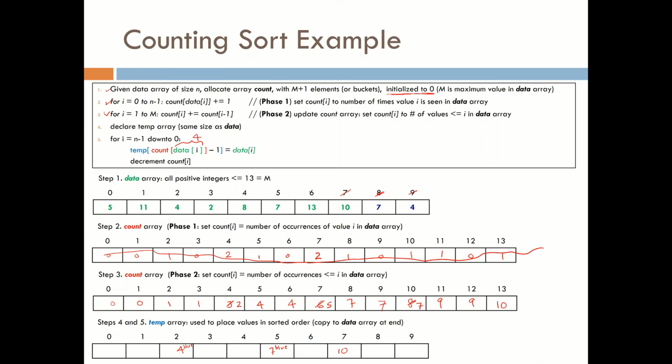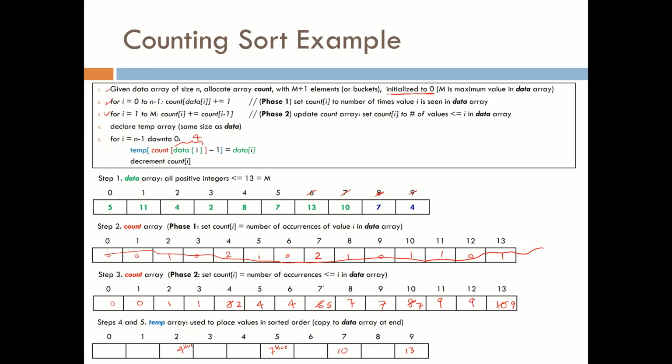Let's go to index 6. What's there is 13. Look at the count array. Look at value 13. It has the value 10. Take away 1 from it and insert the 13 down here. Decrement this by 1. And we're done with this one. Go to index 5. There's a 7 there. This is the green 7.